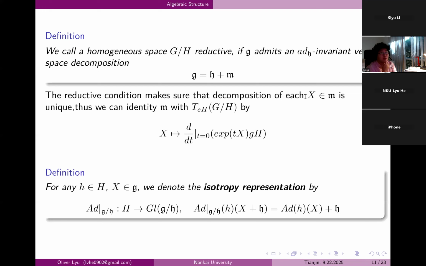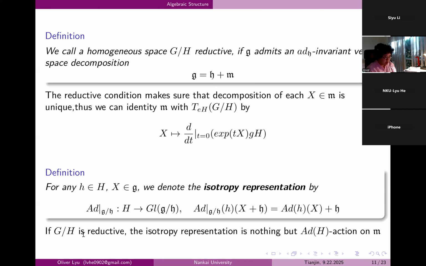With this Ad(H) invariant property, it's pretty useful. So we might introduce the isotropy representation on it. It's the adjoint action of H that acts on the tangent space of G mod H. You can see in the general case it is written in this way.